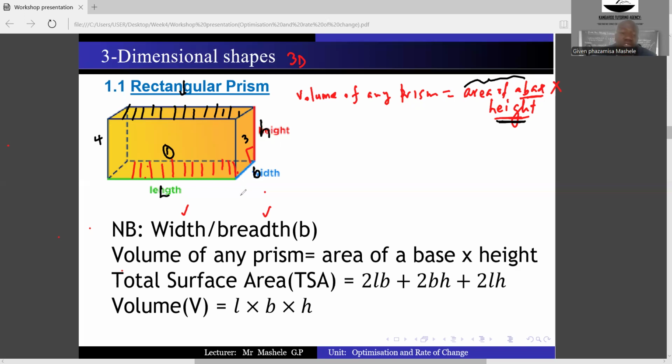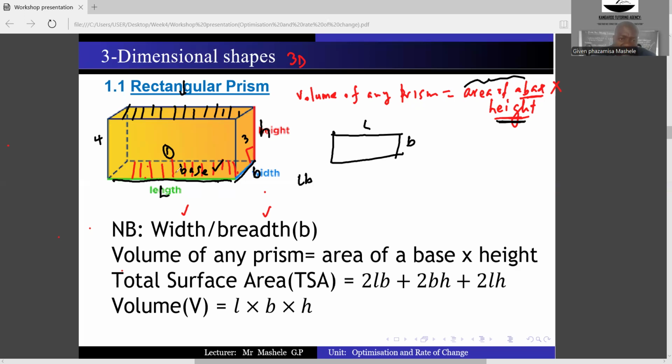So we can start with the base, but this is not a must. In a base, we have the length and the breadth or the width. And how do we calculate the area of this base? To calculate the area, we just take one side multiplied by the other if it's a four-sided figure. So the area of this will be length multiplied by breadth, which is just LB.